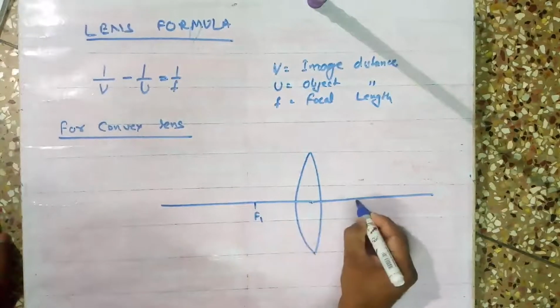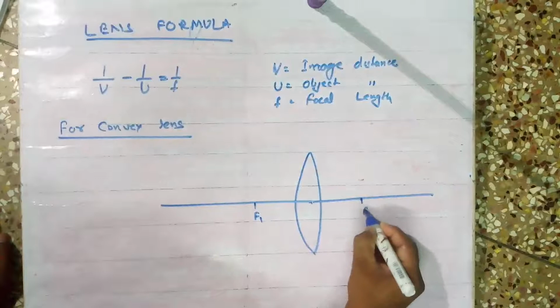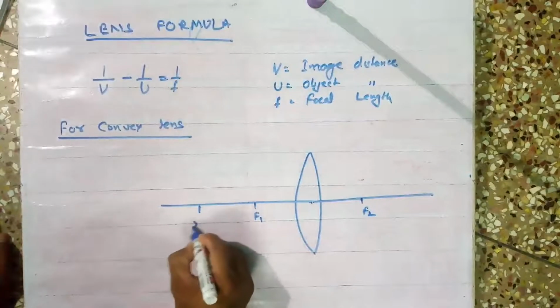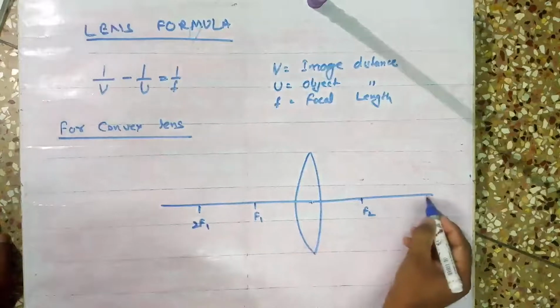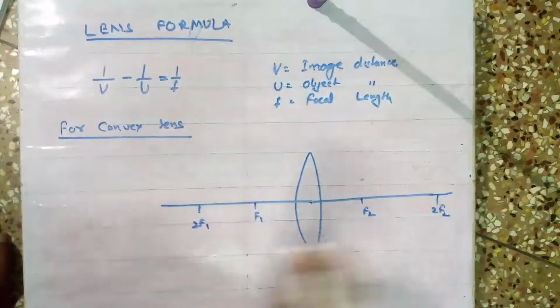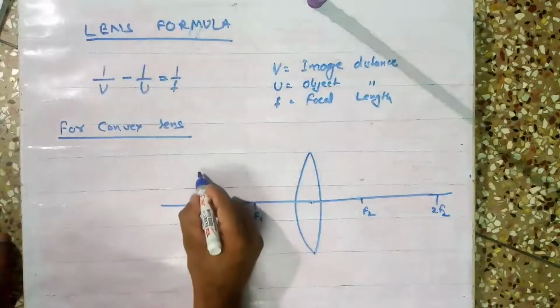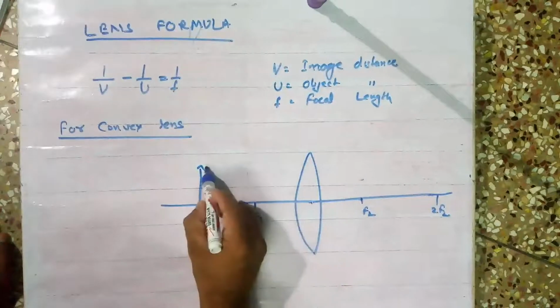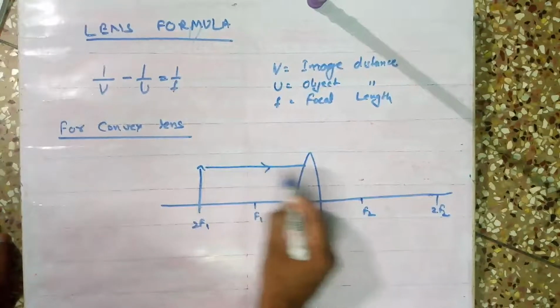F1, F2, 2F1 or C1, 2F2 or C2. Suppose the object is here, any place you can take, but this is the one we are taking. Diagram.